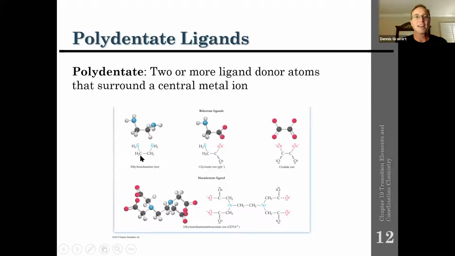And there's 2 nitrogens. Each nitrogen can attach to the metal atom. Glycinate, that's actually an amino acid. Nitrogen and oxygen can both attach. It's bidentate. There you go. There's a term. It can bite twice. It has 2 teeth. Bidentate. It can attach twice.